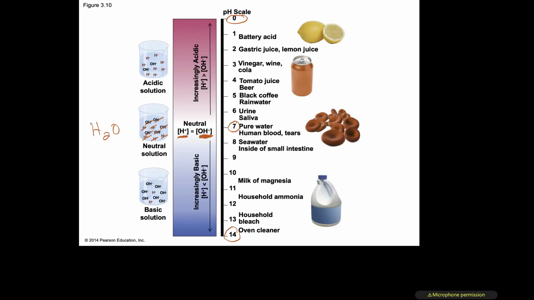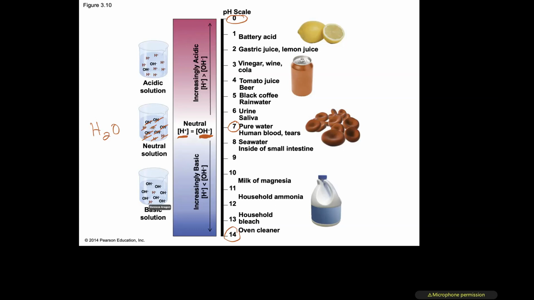So as you go higher in the number of the scale, I'm looking at the higher numbers, headed towards the larger numbers, you become more basic or more alkaline. As you can see, more basic solutions are going to have a greater number of hydroxides in the solution. We can count here the number of hydrogens and hydroxides.